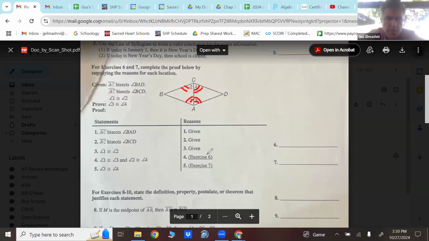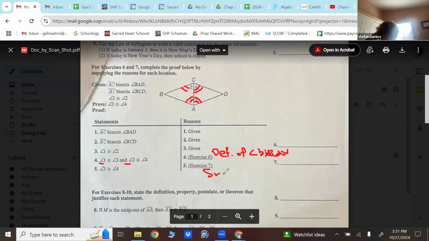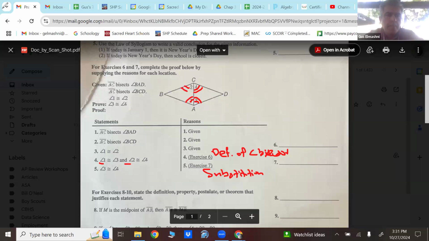Now angle 1 equals angle 3. That's going to be the definition of angle bisector, or angle bisector theorem, I guess. But definition of angle bisector probably makes sense. That's what you're hoping to say. And then 3 equals 4, that's going to be substitution, because 1 equals 2, you're just replacing 1 with 3 and 2 with 4.